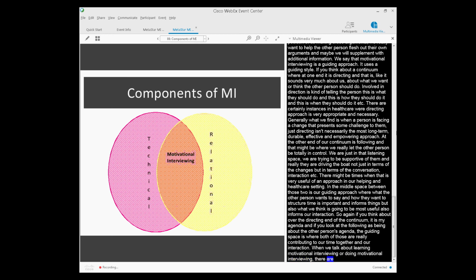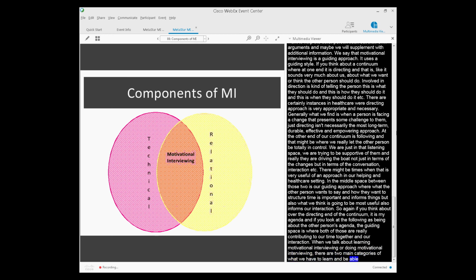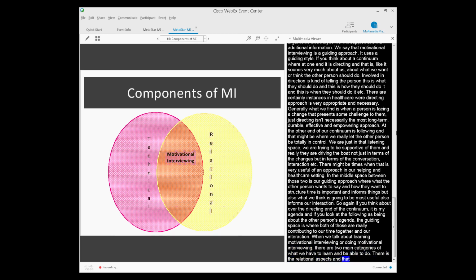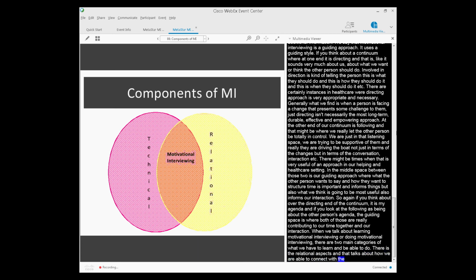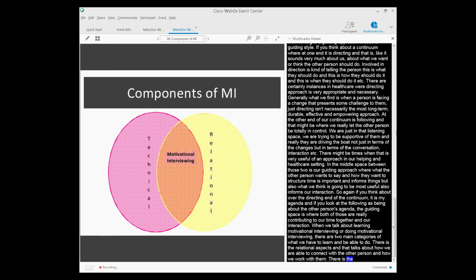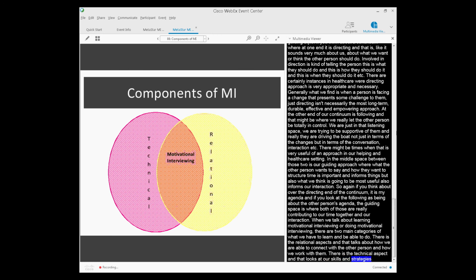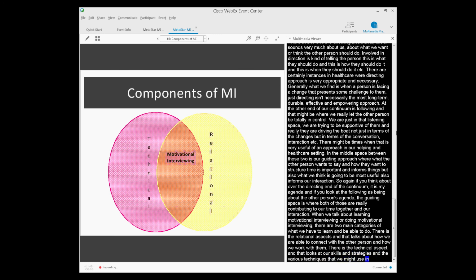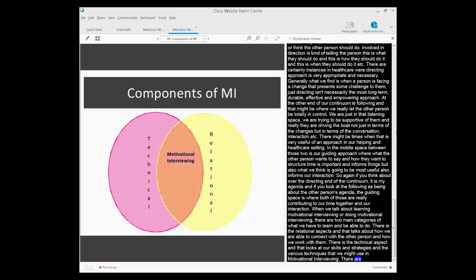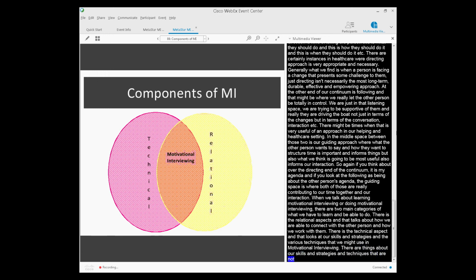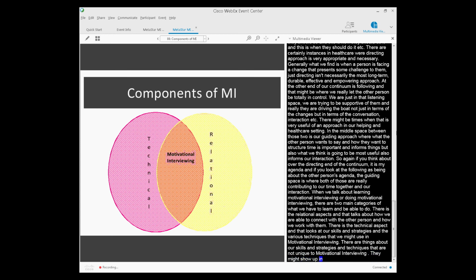And there's the technical aspects, and that looks at our skills and our strategies and the various techniques that we might use in motivational interviewing. Now, there are things about our skills and our strategies and our techniques that are not unique to motivational interviewing. They might show up in other approaches. They might be things you're already doing or things you've already learned.